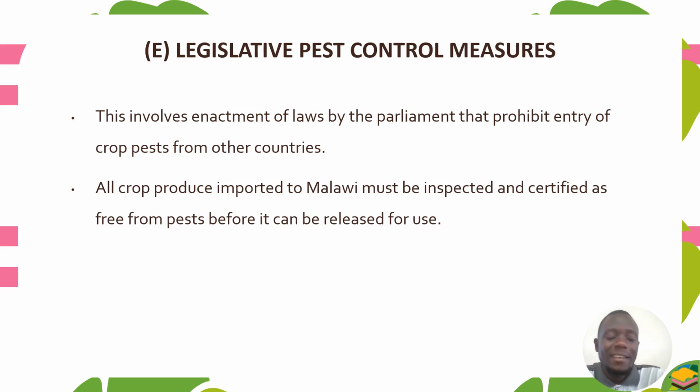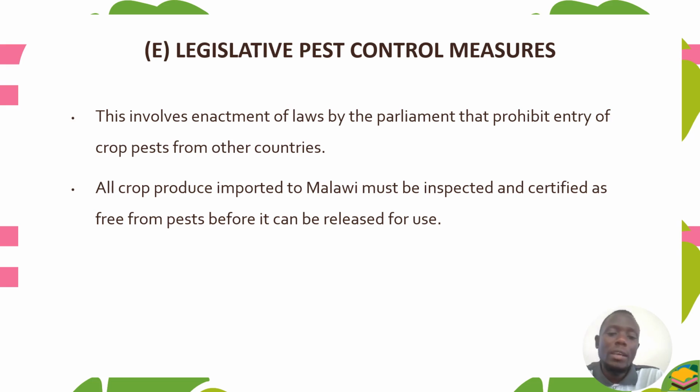So there are laws developed by the parliament which prevent or prohibit the entry of new pests from other countries. All crop produce imported into our country, into Malawi, must be inspected and certified as free from pests before it can be released for use.